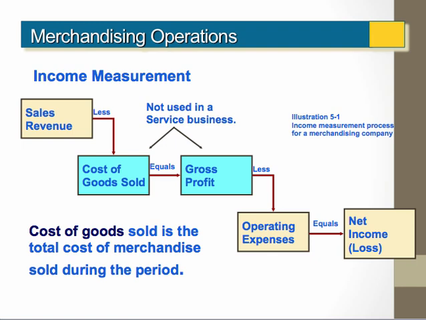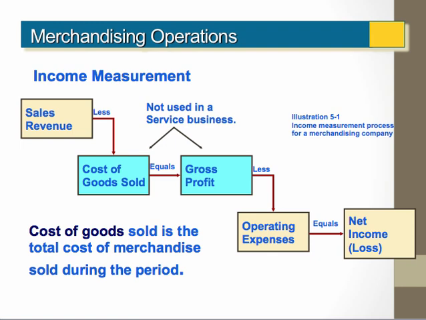So instead of saying revenues minus expenses to get net income, now we take the sales revenue and subtract out cost of goods sold to get gross profit. Then we can subtract out the operating expenses of the company to get net income. Ultimately, we get to the same place of net income, but we add the additional step of determining what the cost of the inventory was in order to generate the sale.